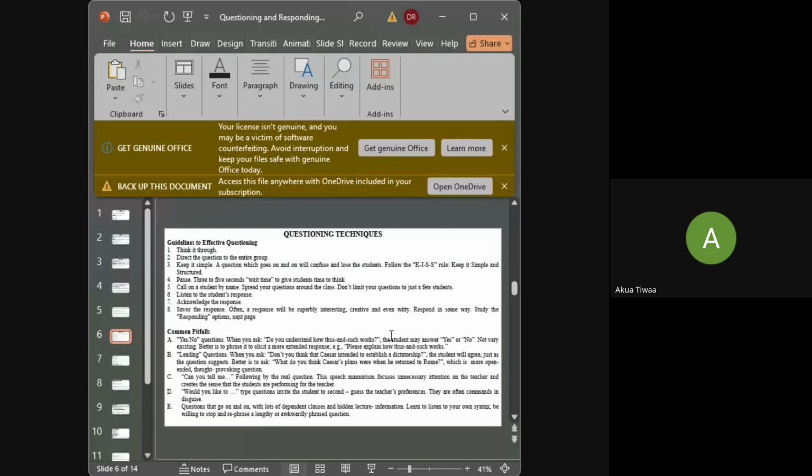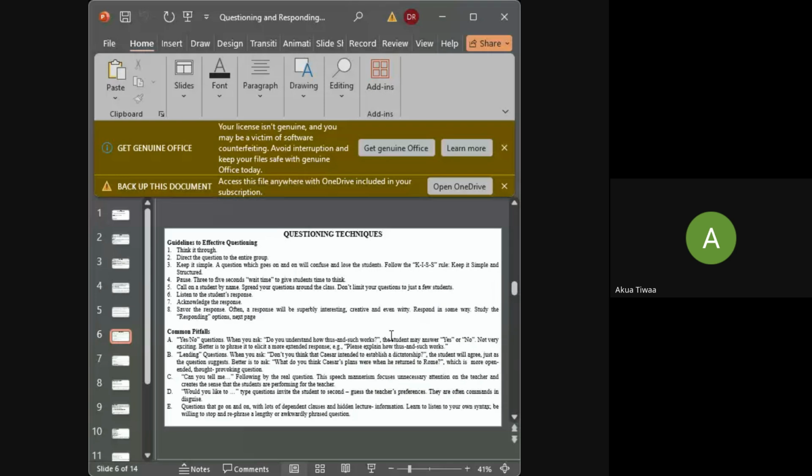Give yourself time to think about the question you want to ask. You phrase it to yourself inside your head, and then the class will wait while you think. As part of your lesson preparation, you write out a few key questions designed to test students' understanding or to provide a discussion.